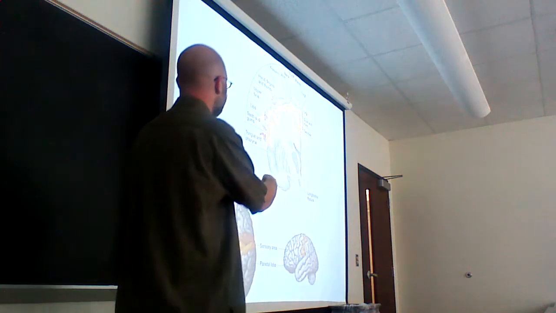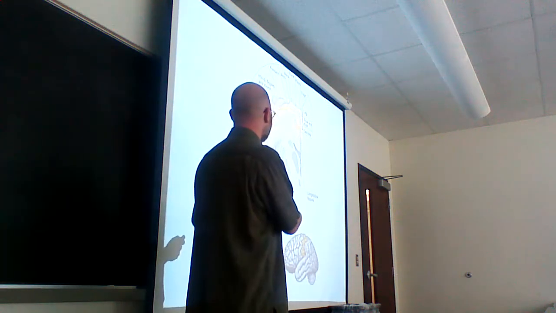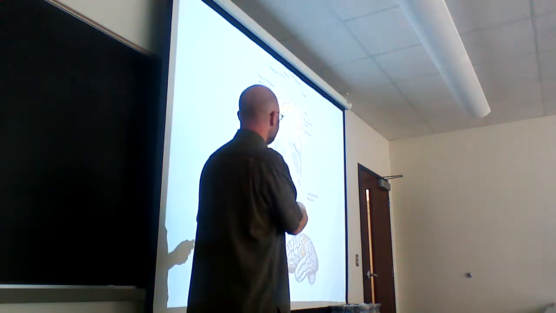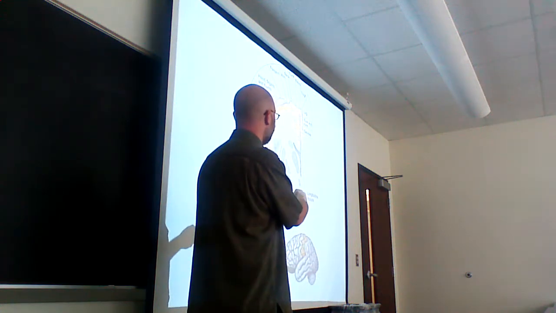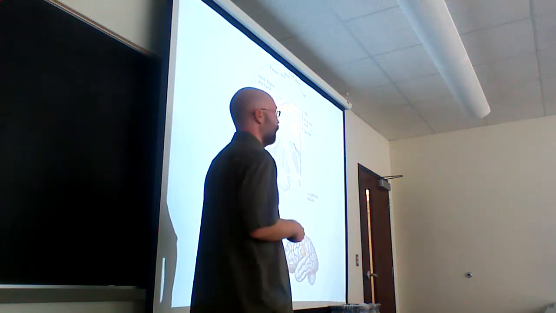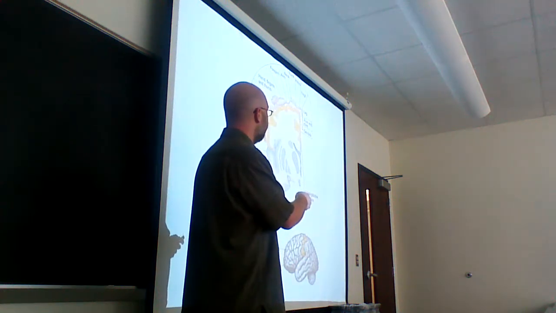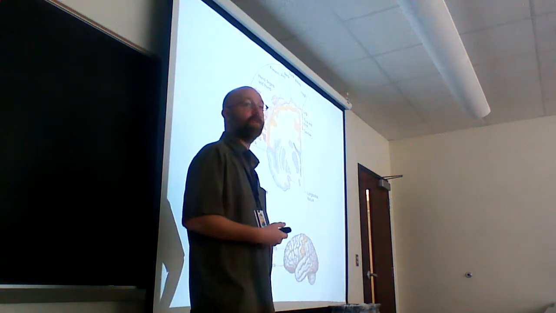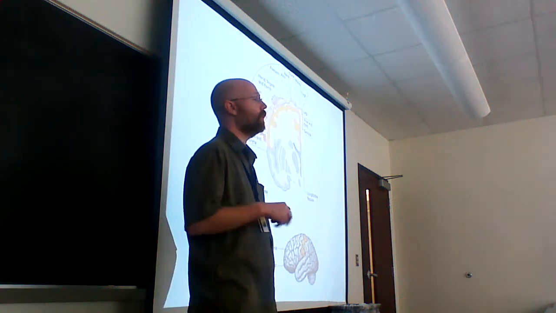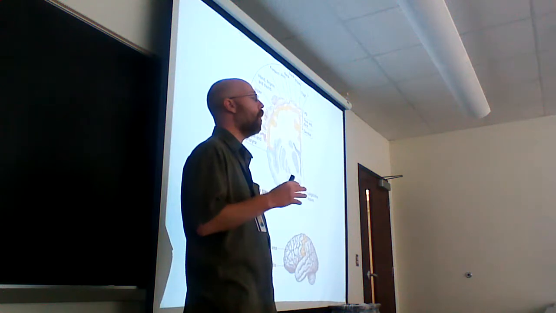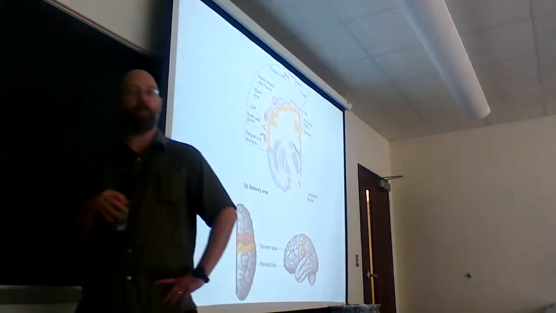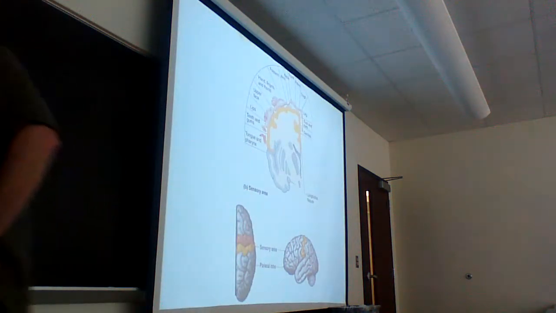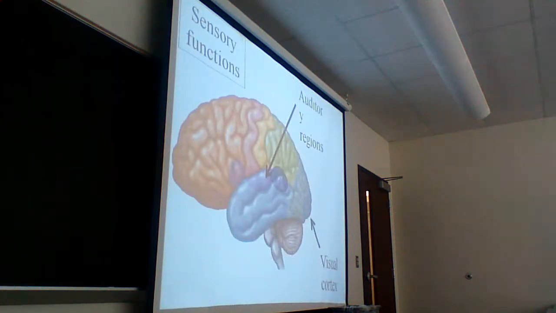Lots of lips, teeth and gums, tongue, genitalia, obviously. It's got this huge prominence here for the genitalia. Relatively little space is dedicated to the whole rest of the body, and that's true for the primary motor cortex as well. You just don't need a lot of involved architecture to do what you need to do with your arms and legs. Hands and face.